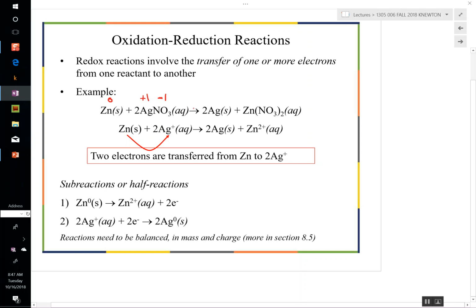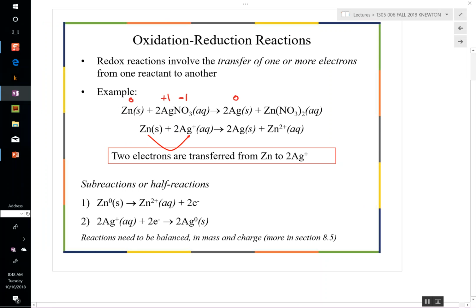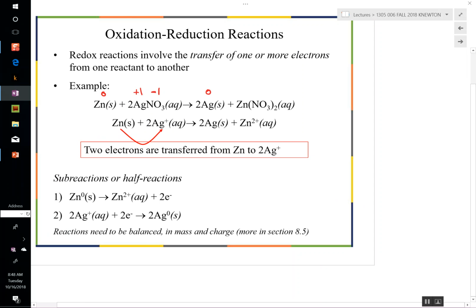And in this reaction, what's happening? The silver ion is becoming elemental silver. And the zinc metal is becoming a zinc ion with what charge? What charge is on this zinc right here? 2. How do you figure that out?